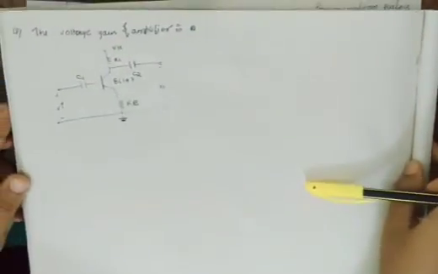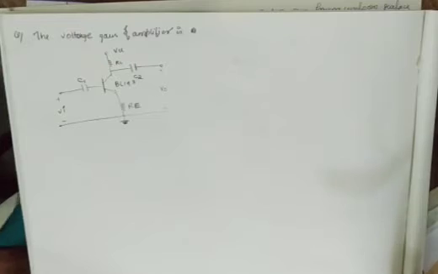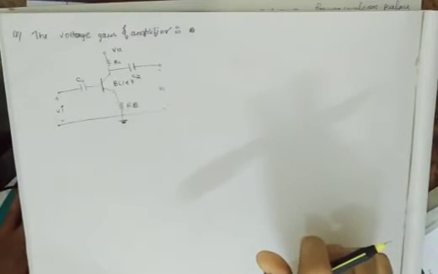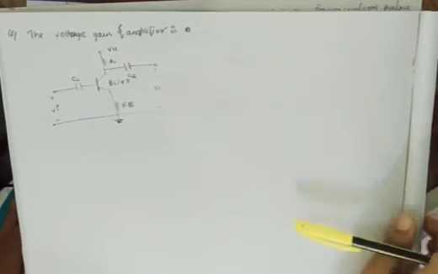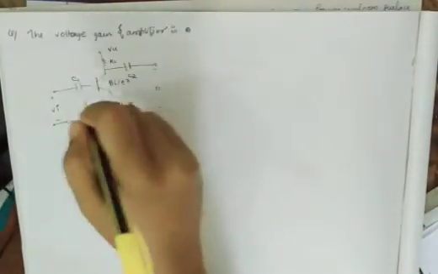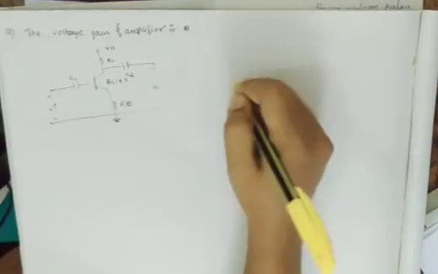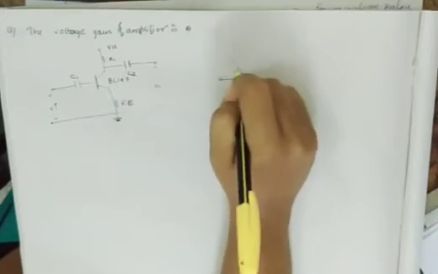Now let's do the next question. We have to find out the voltage gain of the amplifier. For that I am just going to draw the small signal equivalent. To find the small signal equivalent, we are going to short circuit all the capacitors, and I am going to look from here. This is our base.